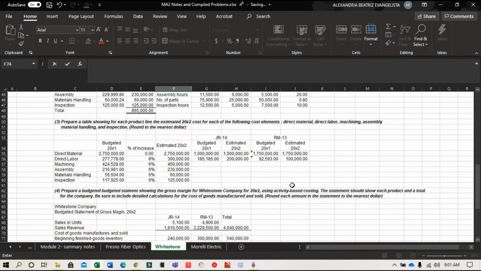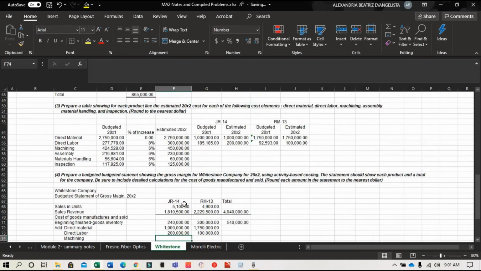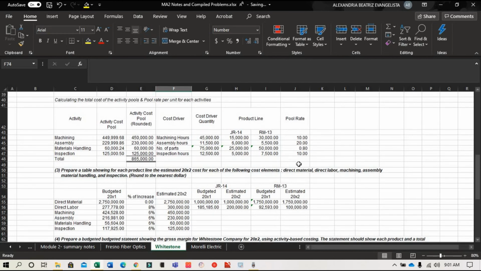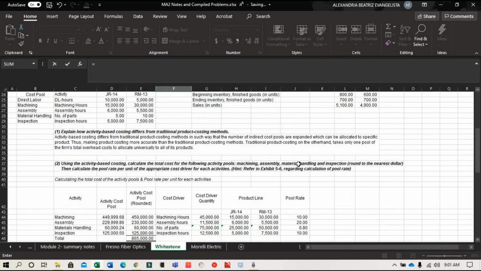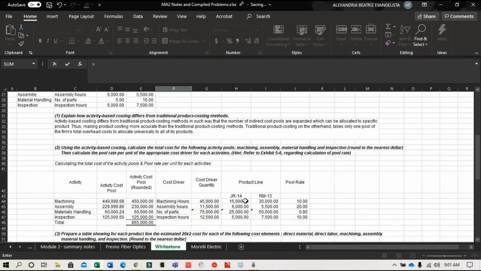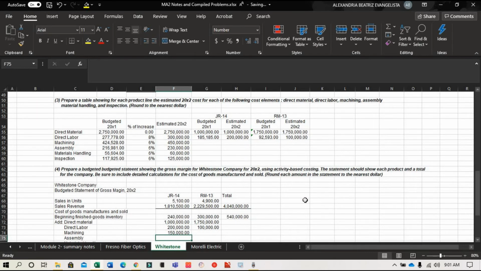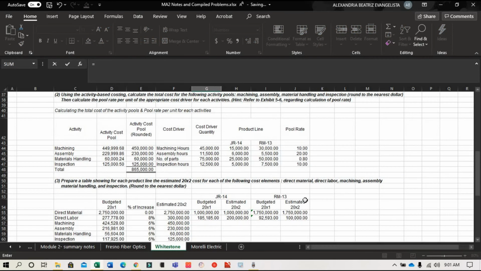So for machining, that is 15,000 multiplied by 10. For RM13, that is 30,000 multiplied by the rate of 10.